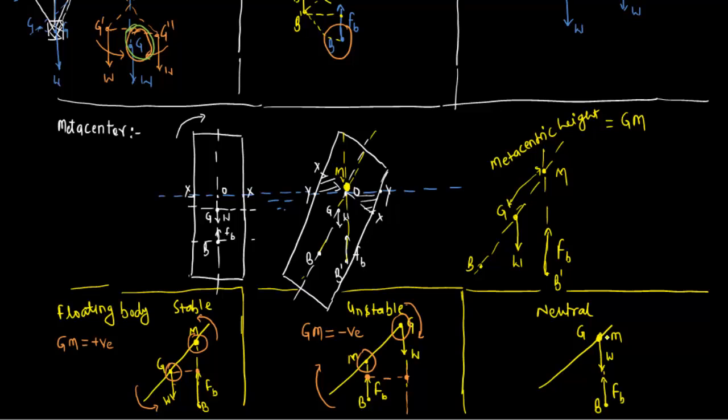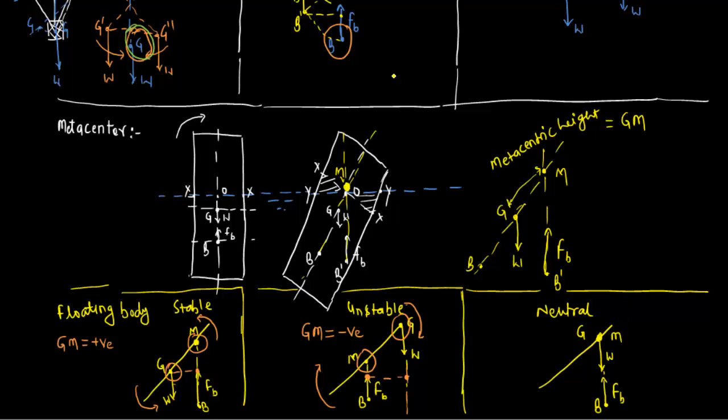But in this case there is no distance between the weight and the buoyant force, so the moment produced by these forces will be zero. These two forces are neither creating a clockwise moment nor an anti-clockwise moment, so they produce no effect. The net force and the net moment will be zero, so the body will remain in this new position after the disturbance.